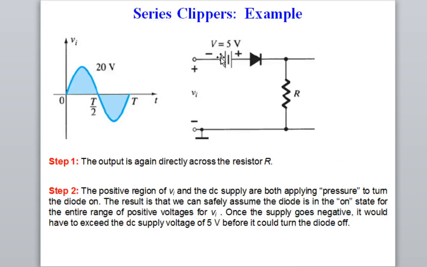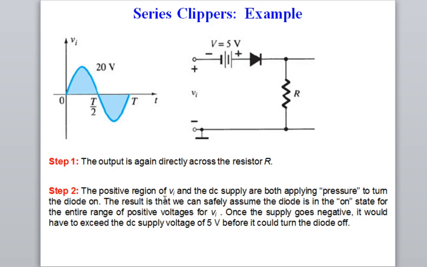Now if you combine both, this is plus minus and this is plus minus. So there is basically a series combination of 2 power supplies applied across the diode. So how to make overall sense? The positive region of Vi and the DC supply are both applying pressure to turn the diode on.